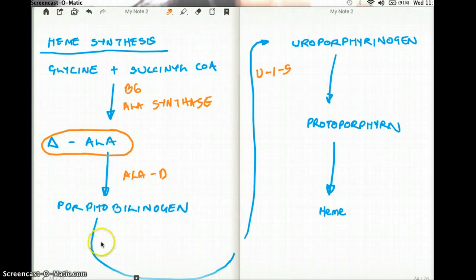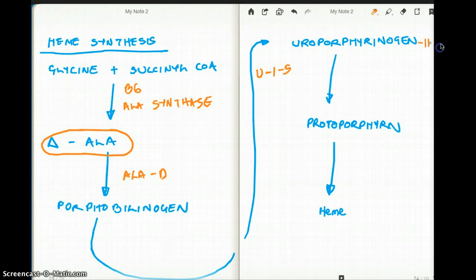Now, delta ALA is being converted to porphobilinogen using the enzyme ALA dehydratase. Then our porphobilinogen is converted to uroporphyrinogen 3 by using the enzyme uroporphyrinogen 1 synthase. This is the 1 synthase.